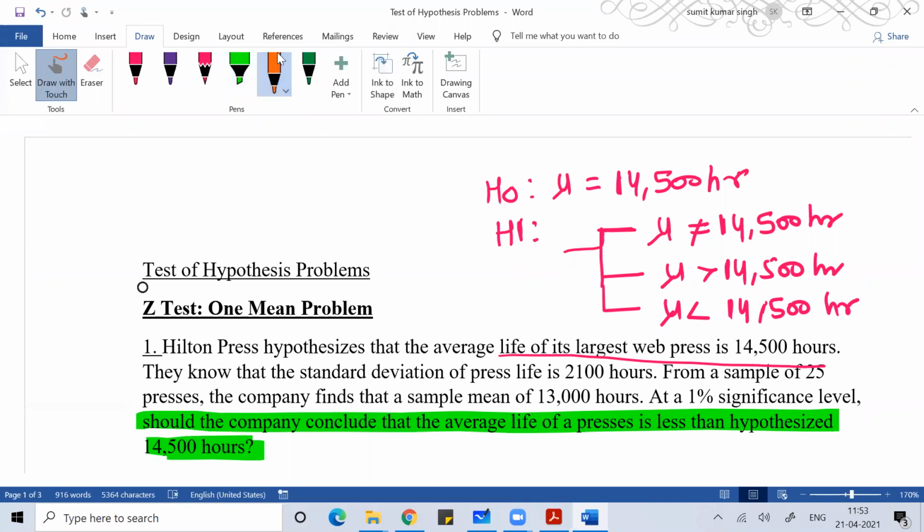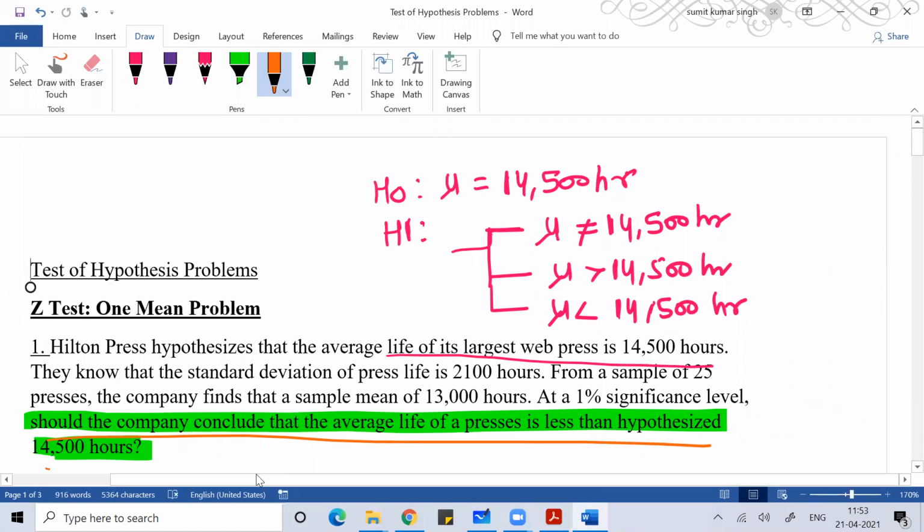Here you have to prove or disprove whether this life is less than or not. So always remember, if you do the test of hypothesis with not equal, then this is called a two-tailed test. And when you do more than or less than, then it is called a one-tailed test.